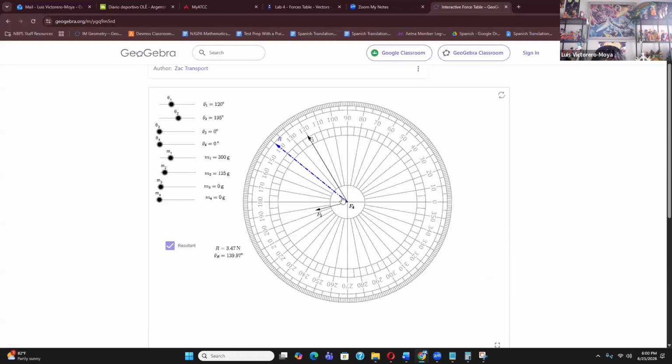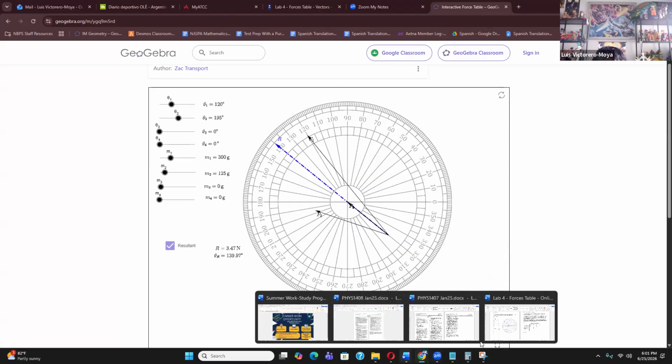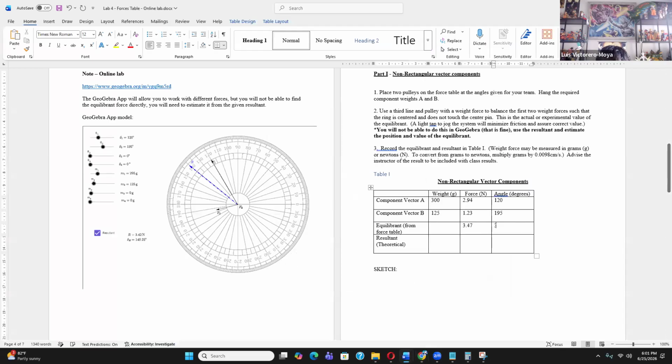You are going to grab this and extend it until you see it's matching there. What angle do you see on the other side? 320 degrees. That's the equilibrium angle.